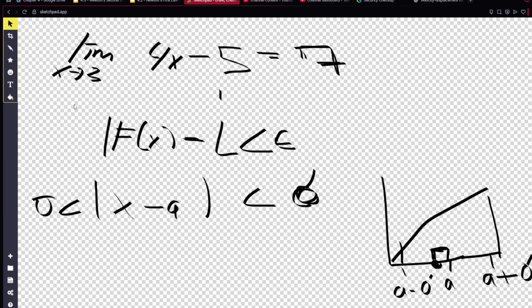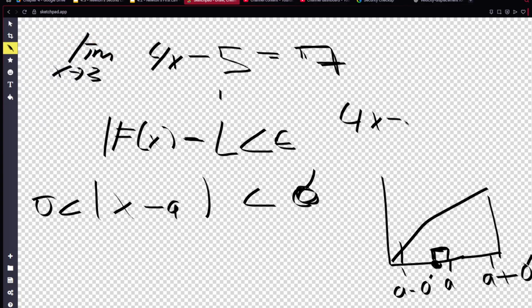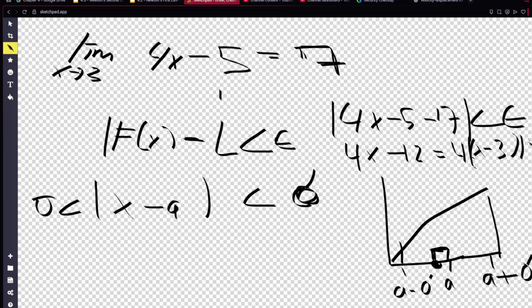So how do we find this? First, what we're going to do here is plug it into these formulas. So the function here is the absolute value of 4x minus 5 minus 7 is less than epsilon. That's the same thing as the absolute value of 4x minus 12, which is equal to 4 times the absolute value of x minus 3, is less than epsilon. So that means the absolute value of x minus 3 must be less than epsilon divided by 4. And x minus 3 is the same exact thing as this right here. So x minus 3 is in between 0 and delta.